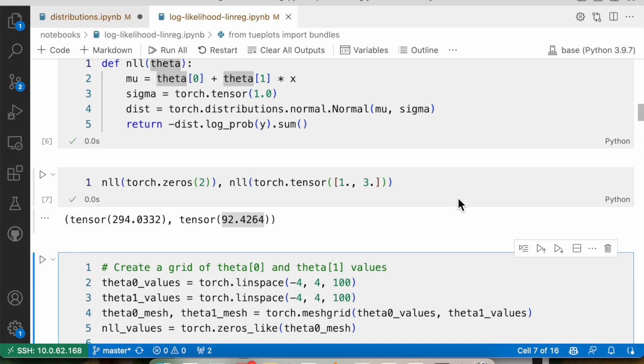Okay, Meet, what do you think? Cross. No, we're still doing regression. We're not doing classification. What would change?